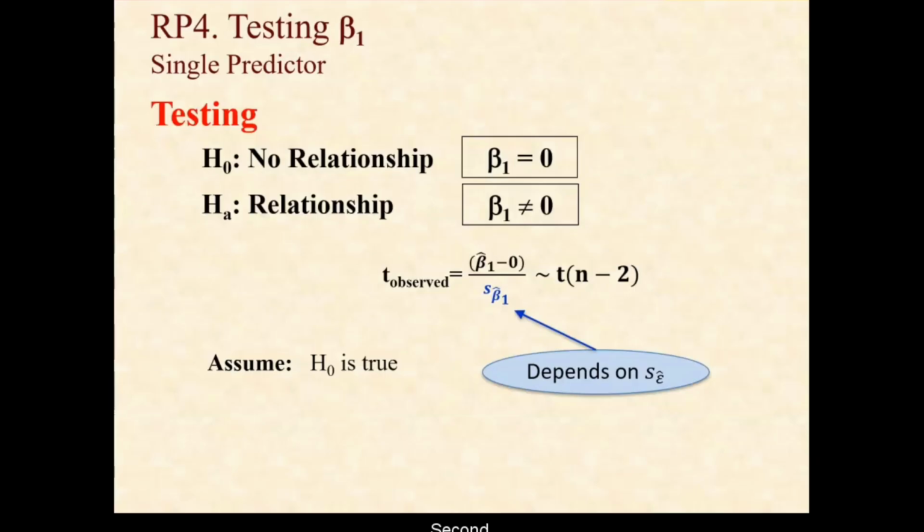Second, the values of S sub beta hat depend on the standard error of the residuals that we saw earlier, the S sub epsilon hat. This latter observation gives another indication of the importance that the error term epsilon has for our regression model. The error term epsilon is an essential part of our hypothesized model.